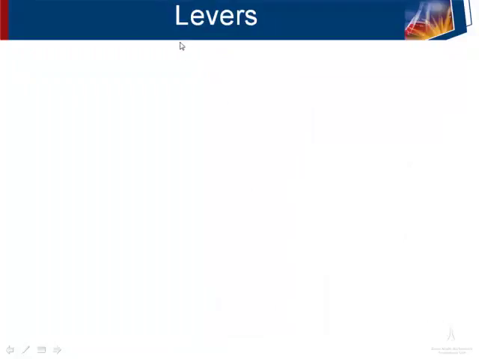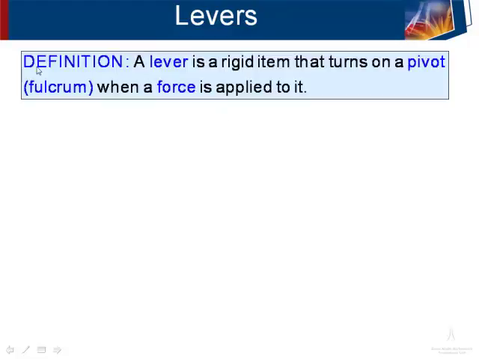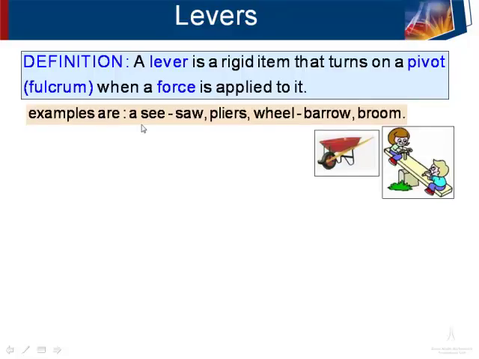Let's look in more detail at the different classes of levers and the components of levers. First of all, the definition. What is a lever? A lever is a rigid item that turns on a pivot or a fulcrum when a force is applied to it. Examples of levers are a seesaw, pliers, wheelbarrow, or broom.